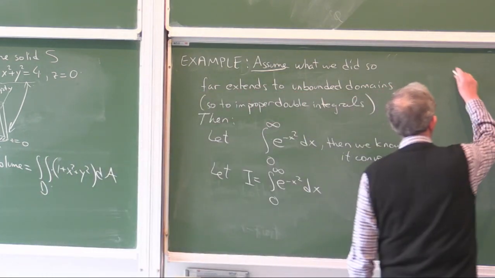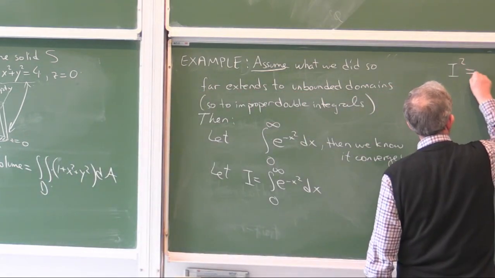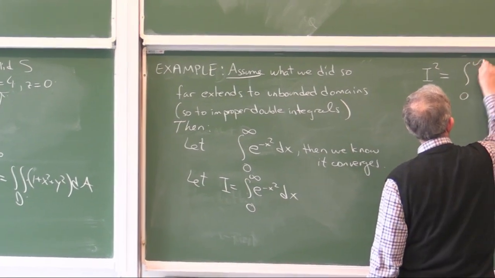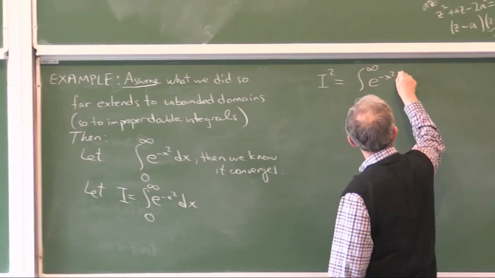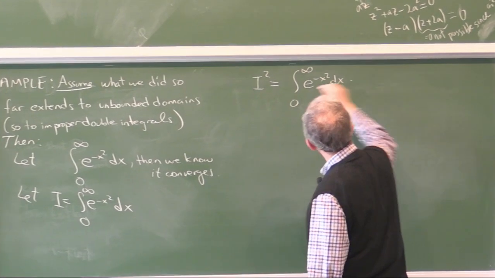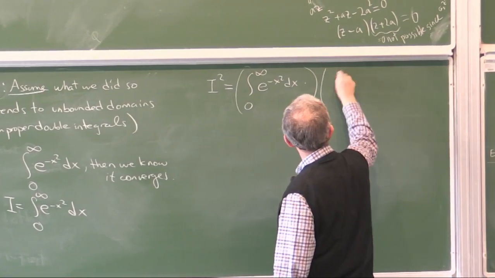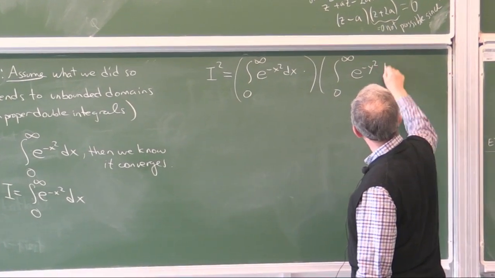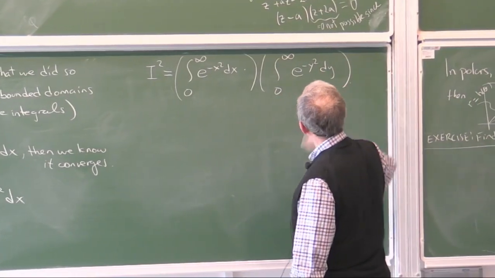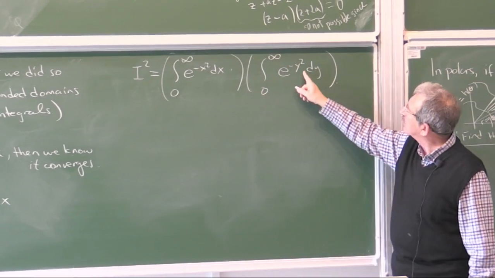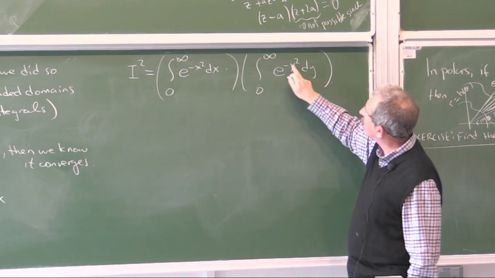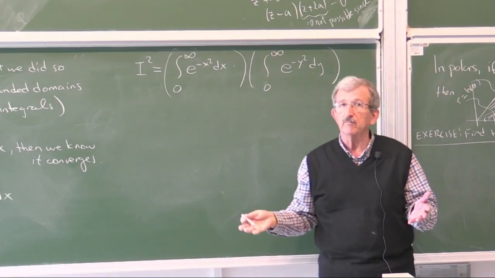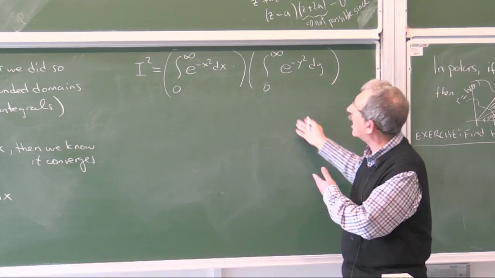Then I can write I squared as 0 to infinity e to the minus x squared dx times 0 to infinity e to the minus y squared dy. Changing the symbol in the integral from x to y doesn't change anything, so it is indeed I squared.